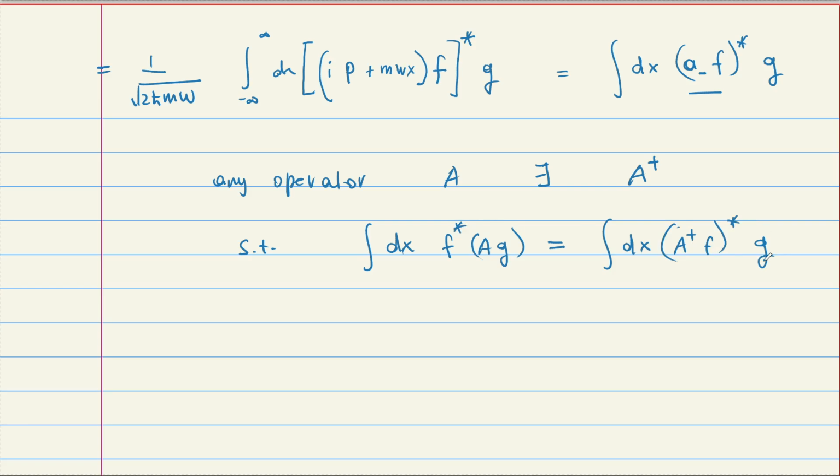There is always an operator I can take from one place to another place, and the relationship between these two is that the dagger is called the adjoint or Hermitian conjugate of A.